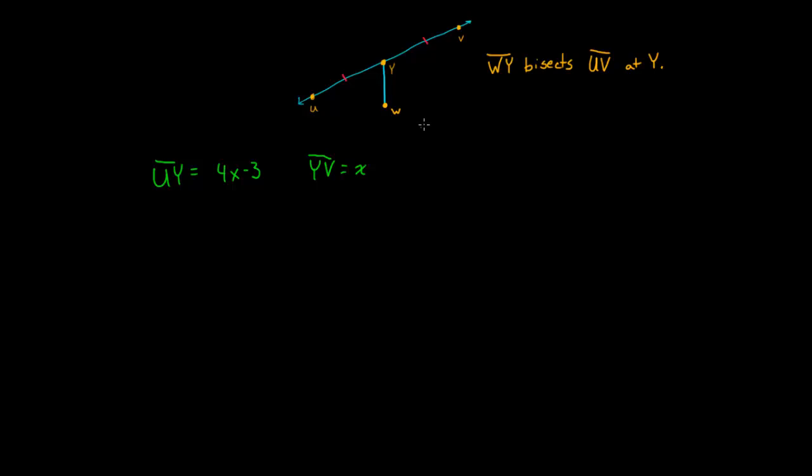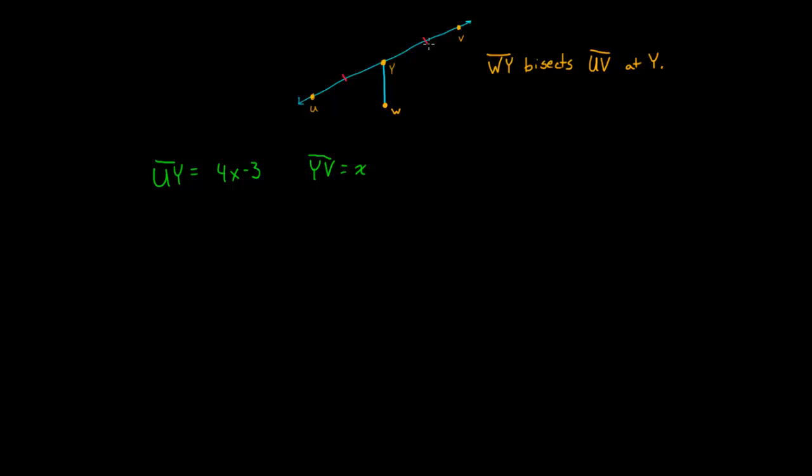And let's determine what we know about this figure before we try to answer any questions. It tells us segment WY bisects segment UV at Y. If it bisects it, and you'll see these little tick marks across the line, that's saying that these are equal to each other.